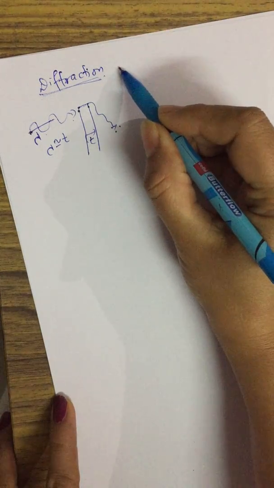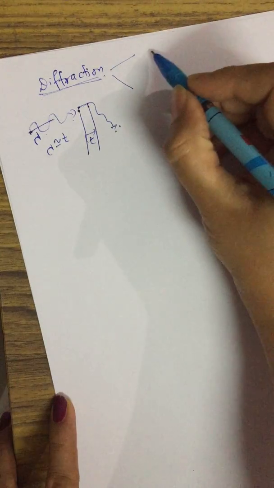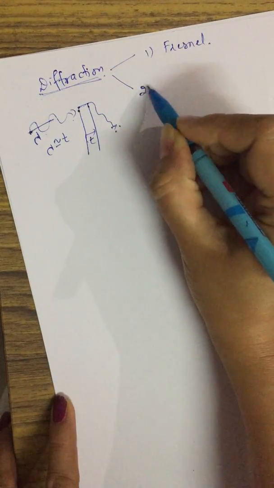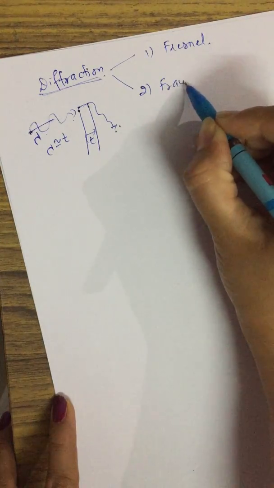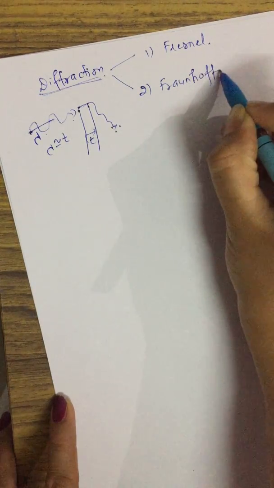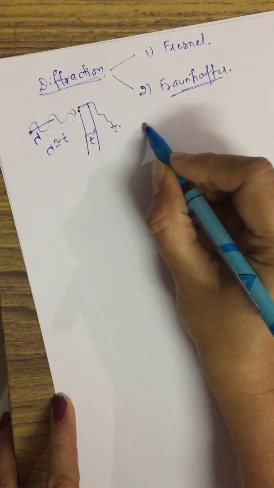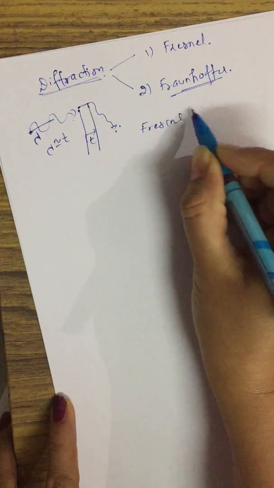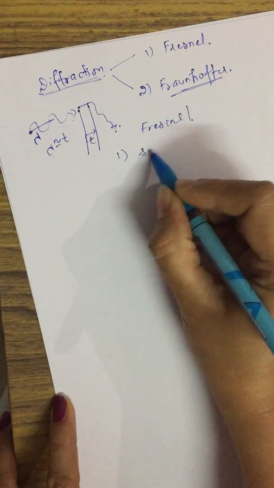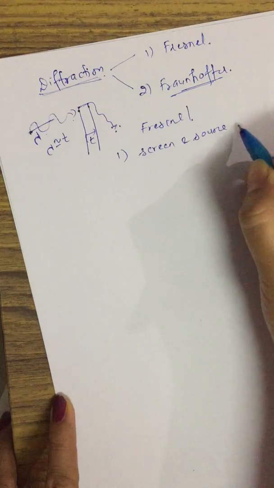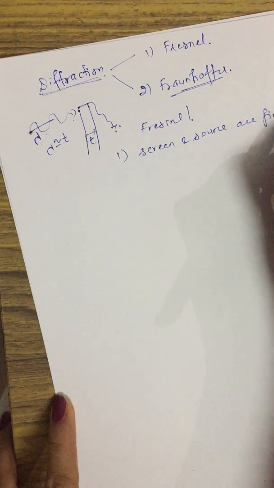And there are two types of diffraction. One is known as Fresnel diffraction and another is known as Fraunhofer diffraction. What are the differences between these two diffractions? In Fresnel diffraction, the screen and the source are at a finite distance.